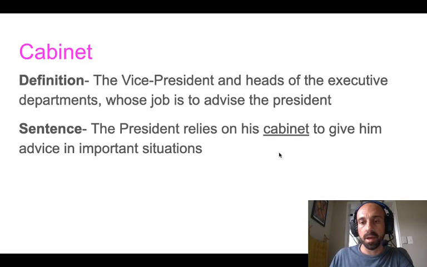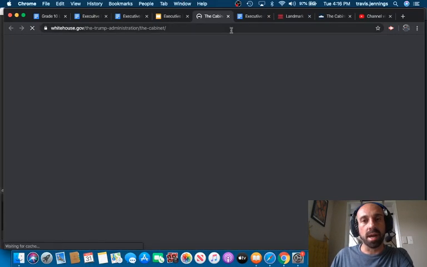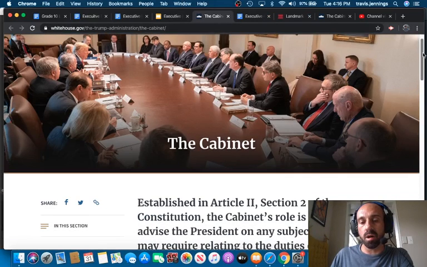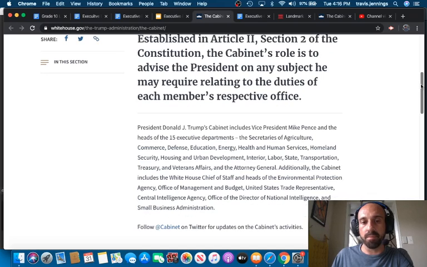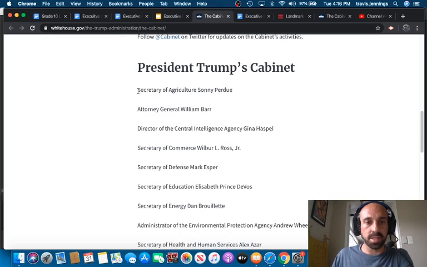As you can see here, we have several departments, and I have a link here that will redirect you to whitehouse.gov, and it'll show you all of the cabinet members. Most of the heads of department have the title of secretary, except for these guys here.